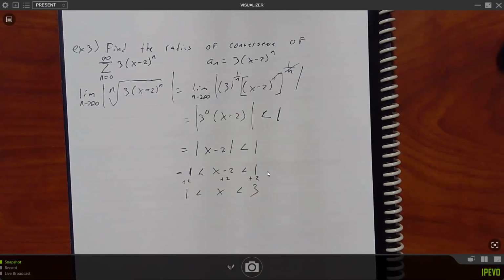What is the radius? And how far is it from the center? So 3 and 1. The total is 2, right? So radius would be.